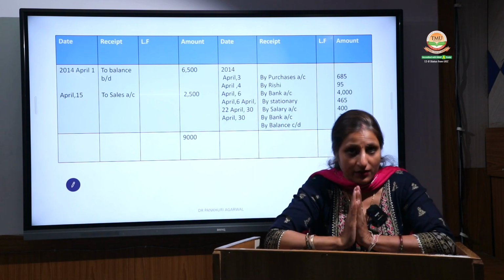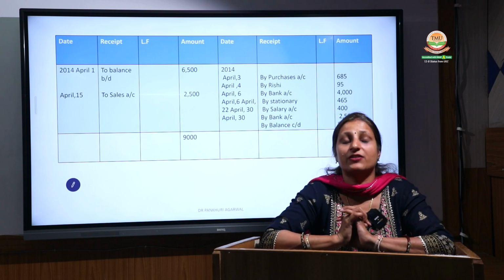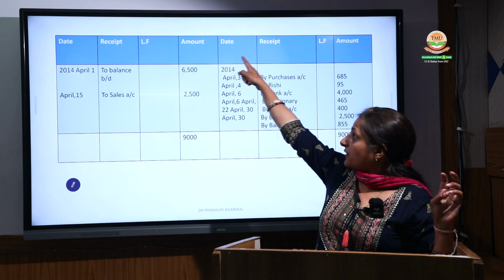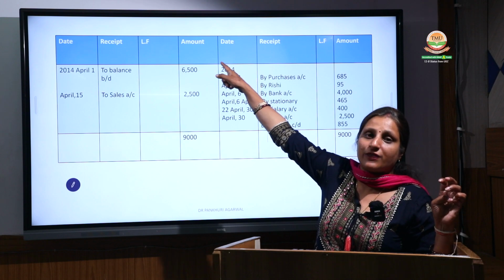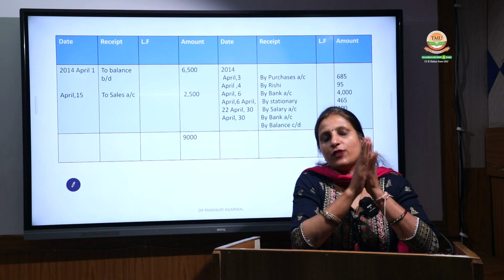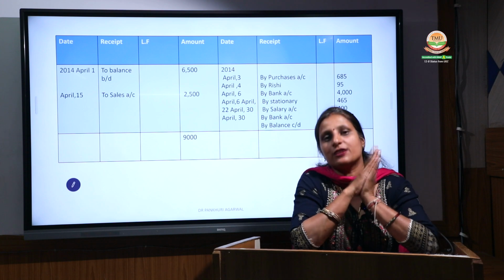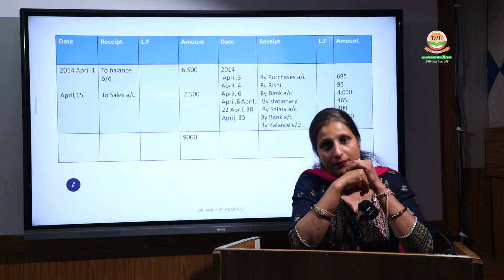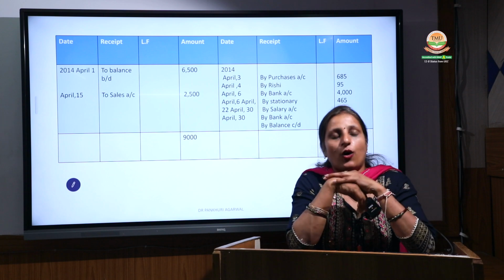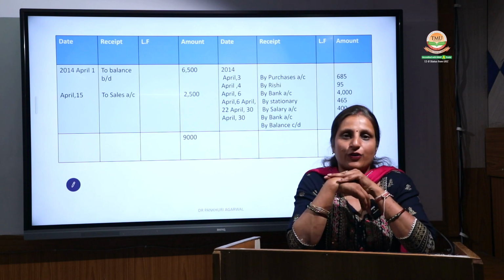Students, make it very clear. In the cash book, the name of cash doesn't come under the cash book. The cash book name comes only at the top of the account. Only the opposite aspect, meaning from where you are receiving the payment and the party you are making the payment to, only that name comes under the cash book. On the debit side, you start the name with to.